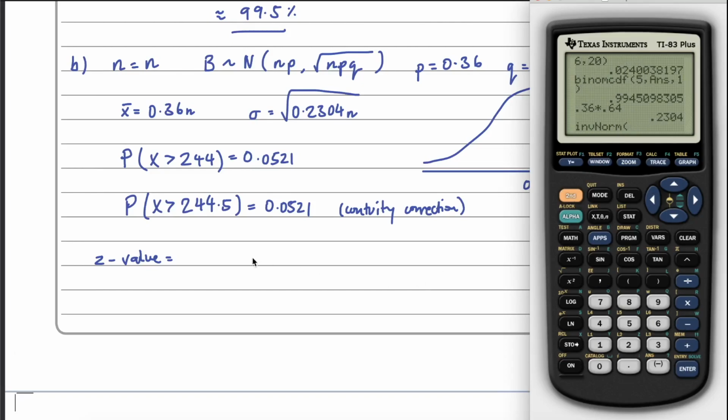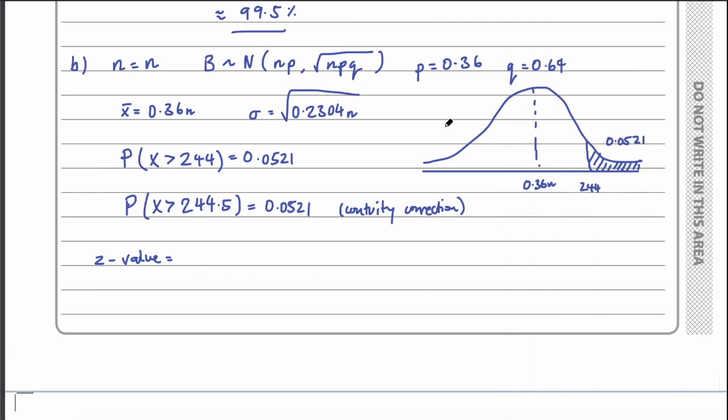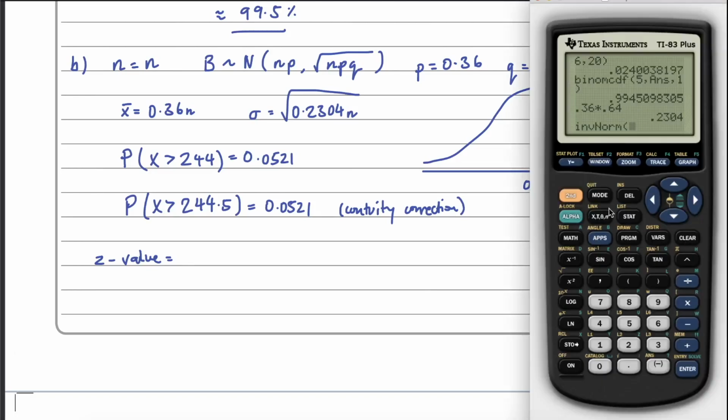Now, actually, before we put that in, we need to work out what the inverse of this probability is. So we want the probability of less than 244, which would be this area under here. So we need to do 1 take 0.0521 first. So I'm just going to work that out. 1 take 0.0521 is 0.9479.